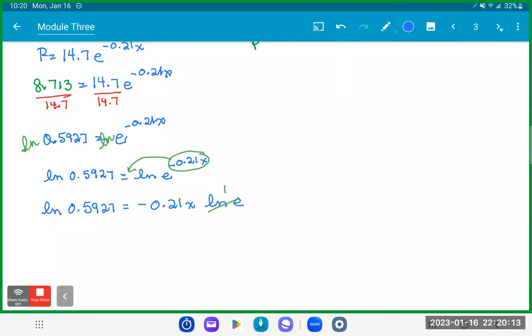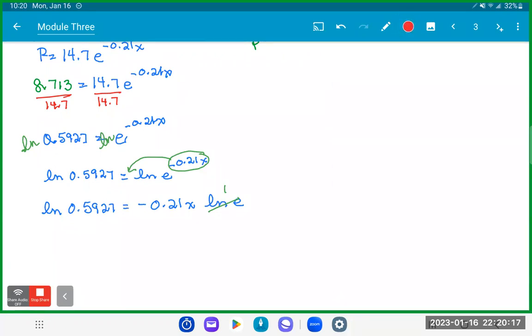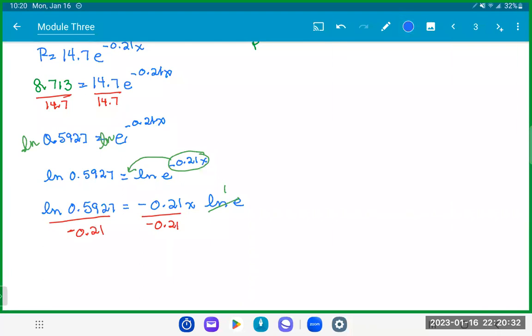Now we want to get x by itself, so we divide both sides by negative 0.21, and we end up with x equal to 2.4906.